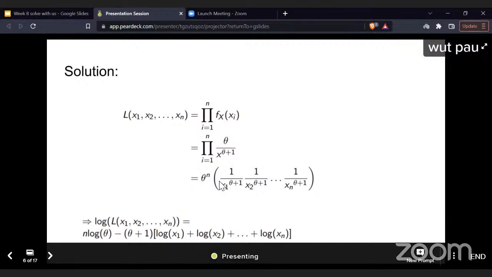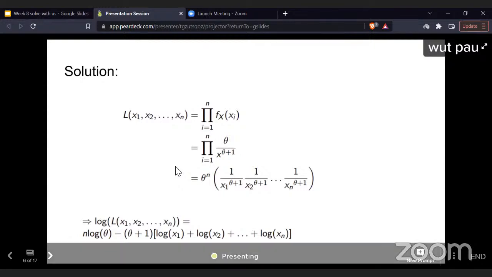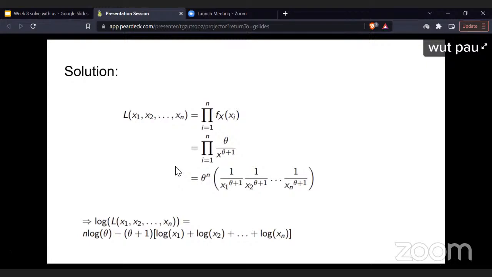Instead of writing x1 raised to theta plus 1 like that, we can write x1 into x2 into ... xn raised to theta plus 1. Then we can easily write it. Can you repeat?